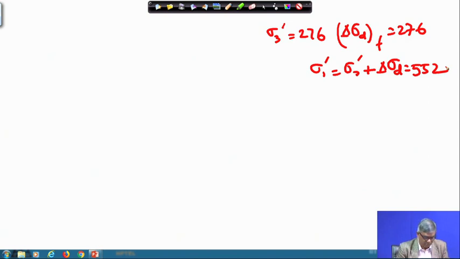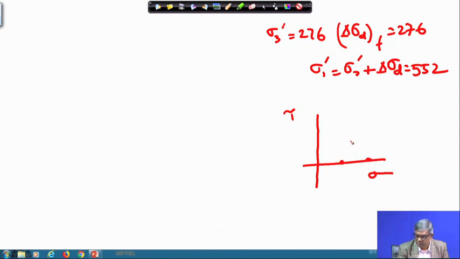Now that we know sigma 1 dash and sigma 3 dash, I can draw like this: tau, sigma, suppose, and this is your sigma 3 is 276, and sigma 1 is 552.